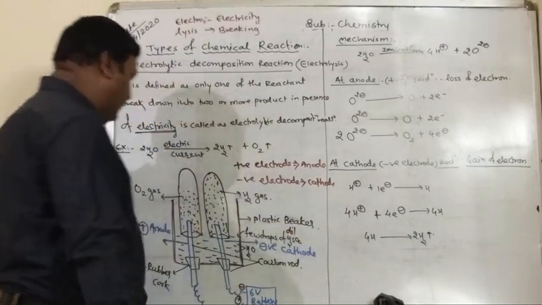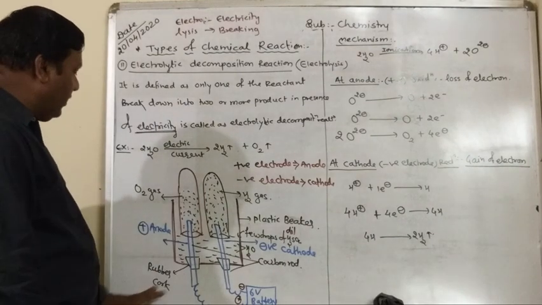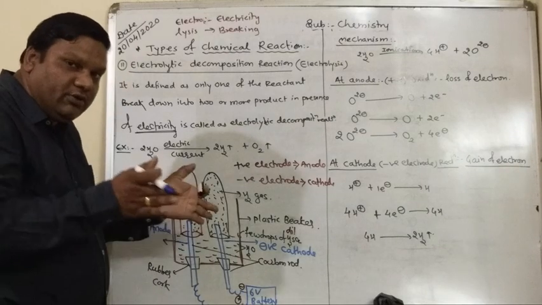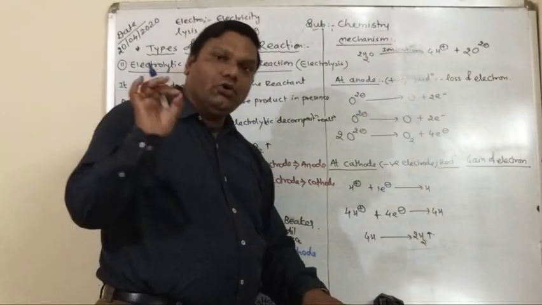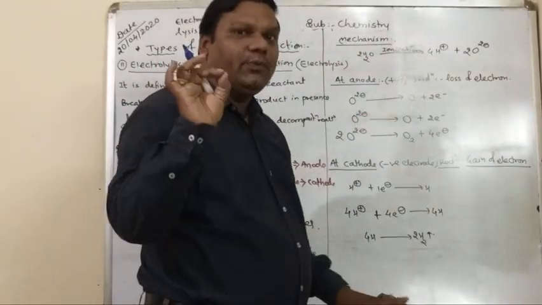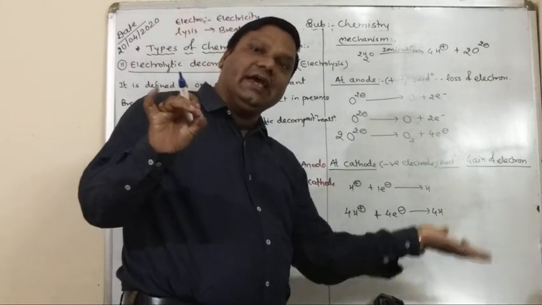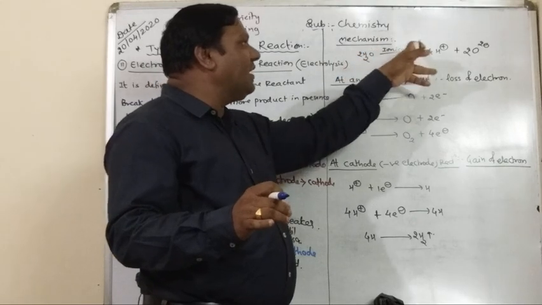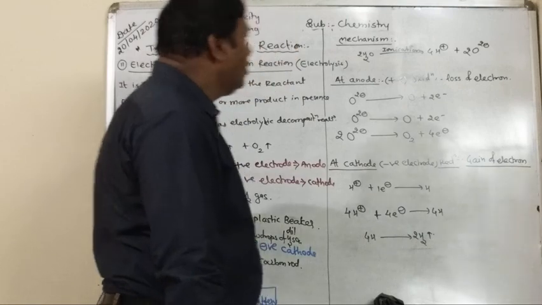Okay. Then switch on the current. When you switch on the current, the water molecules are ionized. You know very well hydrogen carries positive charge, so definitely oxygen carries negative charge. So these water molecules are ionized to give H plus and O2 minus.